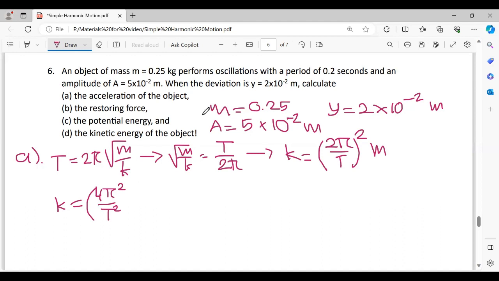T is already 0.2 seconds, so 0.2 squared, times m 0.25.